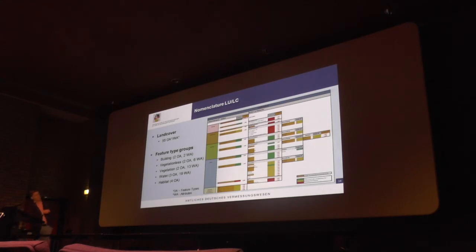Here in this view, this is the view of the nomenclature in German, but there's some more information because there is a classification in green, yellow, and red for each class, if it's possible to get the information from remote sensing data or from automatic remote sensing methodologies.